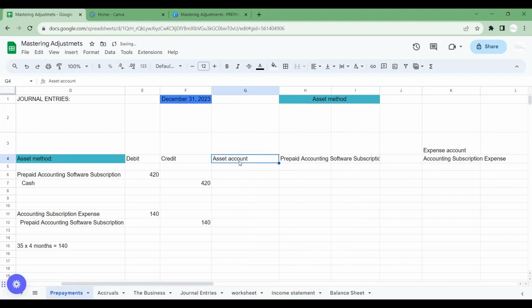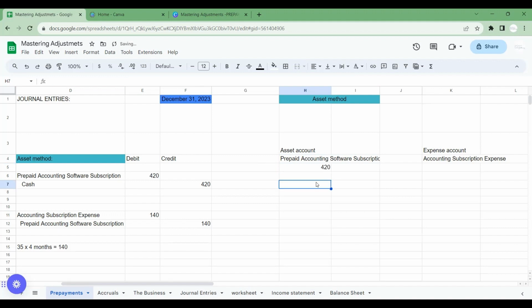In the asset account, let's plot this one. So we debited the asset account in the amount of 420 and credited cash in the amount of 420.